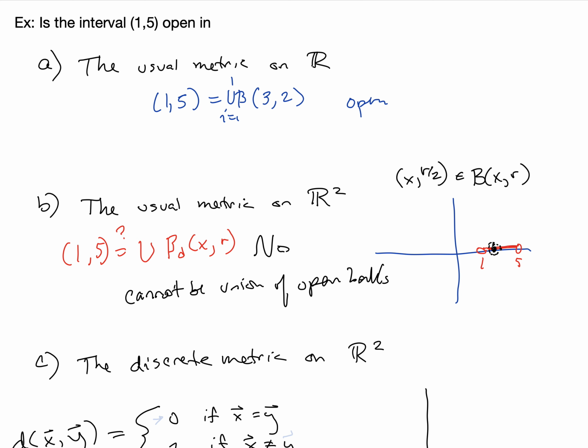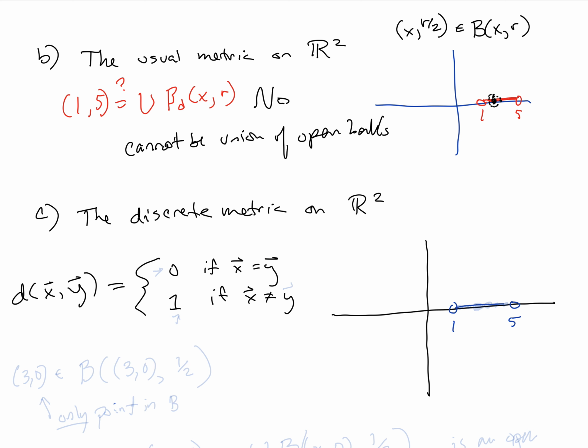So maybe surprisingly, this interval from 1 to 5 in the set R squared actually is an open set in the discrete metric on R squared. To see why that's true, let's just remind ourselves the discrete metric: the distance between two points is 0 if x is equal to y, and 1 if x is not equal to y. So, what if we thought about an open ball around, say, the point (3, 0) of radius something positive but less than 1?